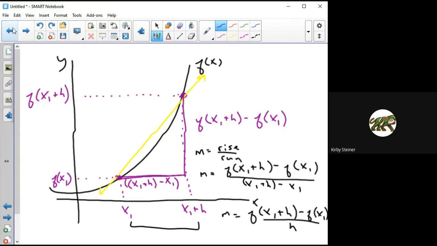If we look here, the difference between x1 and x1 plus h is h. But what if I make it, and we get the secant line? Let's do it.